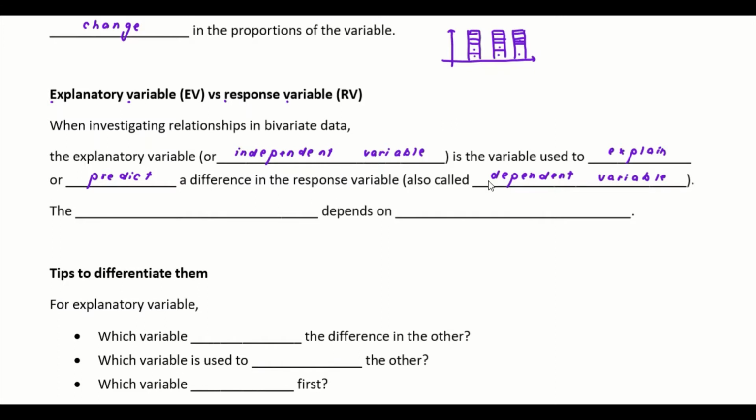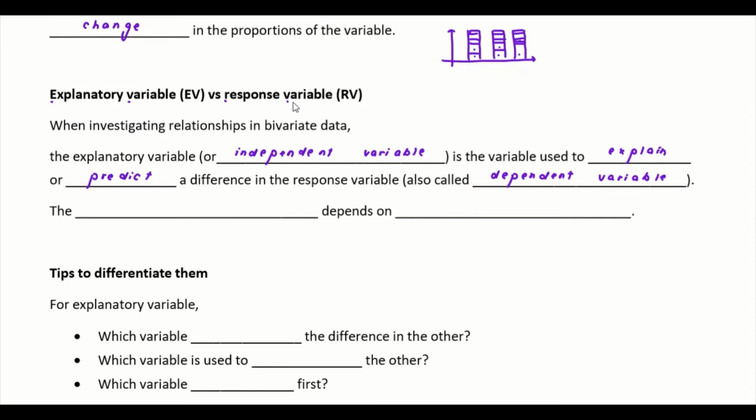By looking at the words, the explanatory variable is the one that explains the response variable, and the response variable is the one that responds to the explanatory variable. Same with the word independent, meaning it stands by itself. You have this variable first, then you have the second variable that depends on your independent variable.